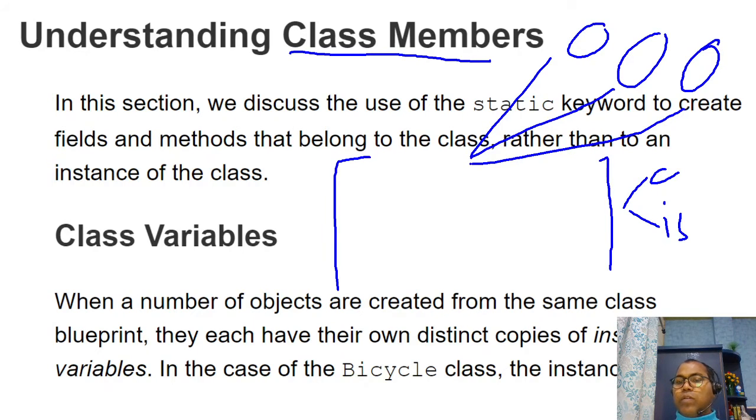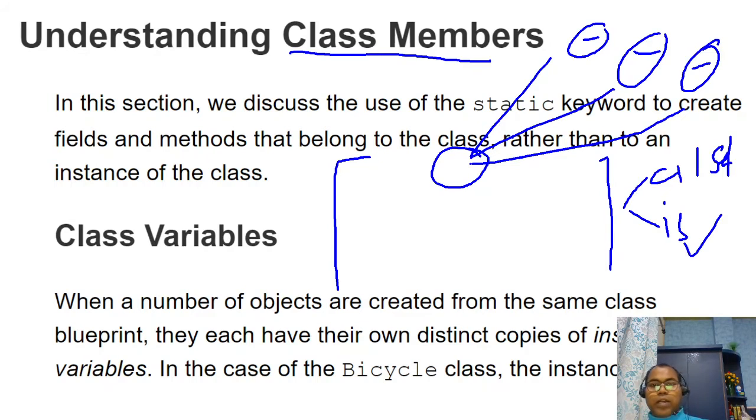Some variables you want for each instance, that is known as an instance variable, and some fields you want only for a specific class, that is shared by all the instances, that is the class variable, also known as a static data member.